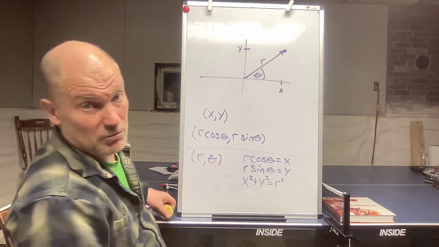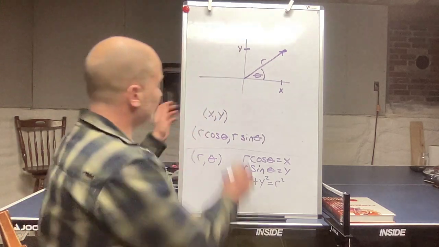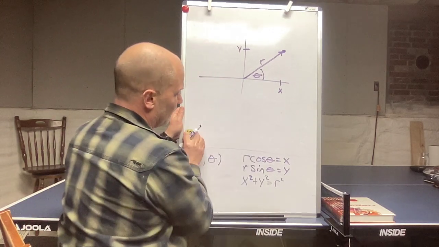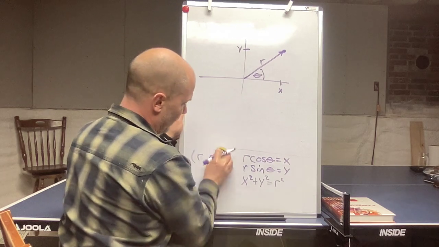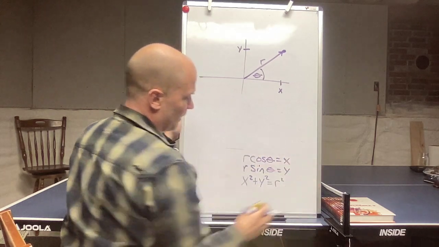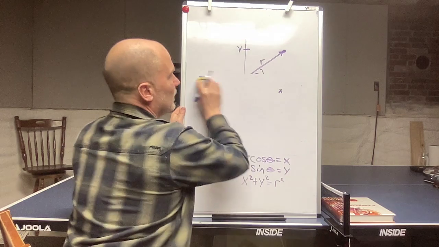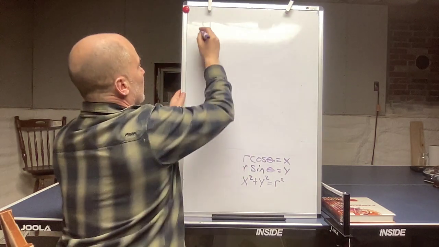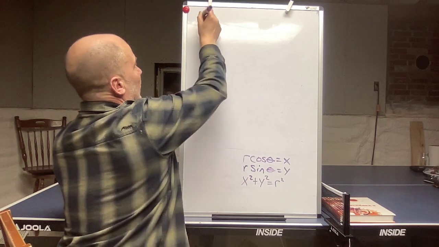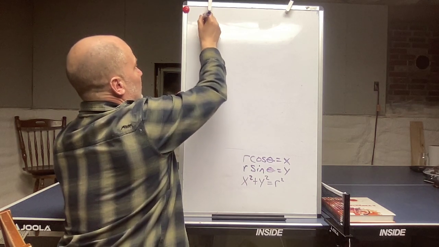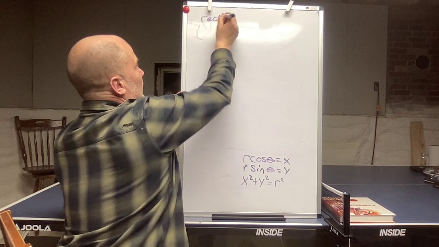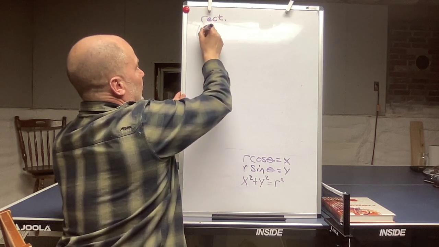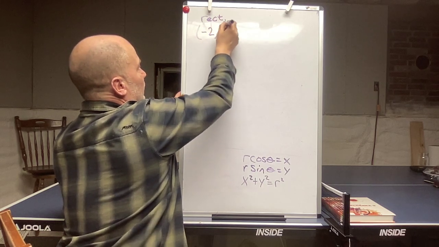So we'll take a moment and we'll do that. I'm going to leave those equations down there. These are the three big equations that I need to convert. So if I want to convert a point, let's say we have the Cartesian or rectangular point -2, 5.